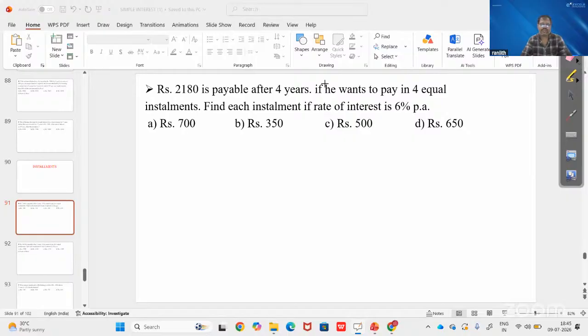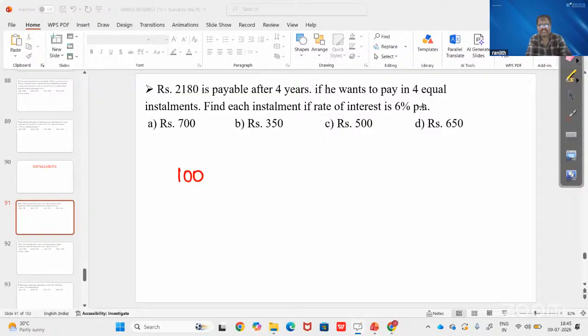But we are paying installment, that is EMI, so monthly payment or quarterly payment or yearly payment. Whatever amount we pay initially will be equal to 100.